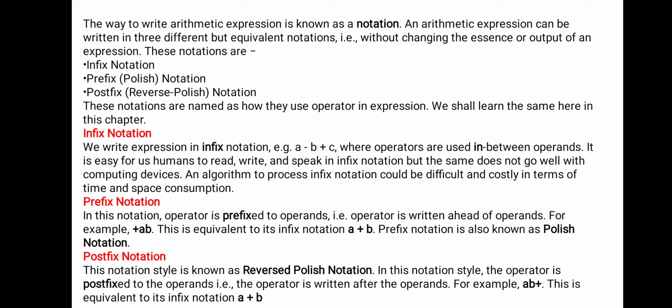Here we have three different types of expressions or notations: infix notation, prefix notation, and postfix notation. Instead of notation, we can call them expression, there is no problem. Infix, prefix, and postfix.